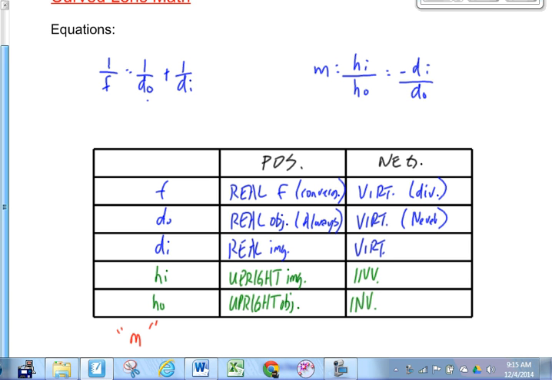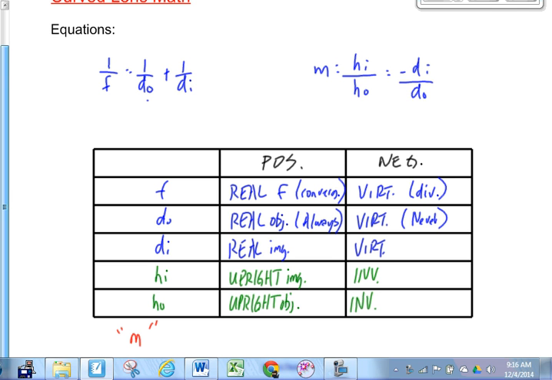No. M is positive when the image is on the same side of the principal axis as the object is. M is negative when it's flipped over. The value of the magnification has nothing to do with whether it's right side up or upside down. The sign of it has to do with whether it's right side up or upside down. The value of it determines whether it's bigger or smaller. A number that's smaller than 1 means that the image is smaller than the object.